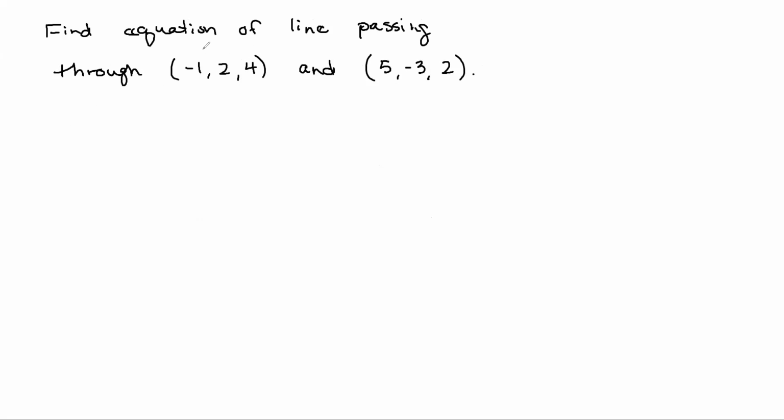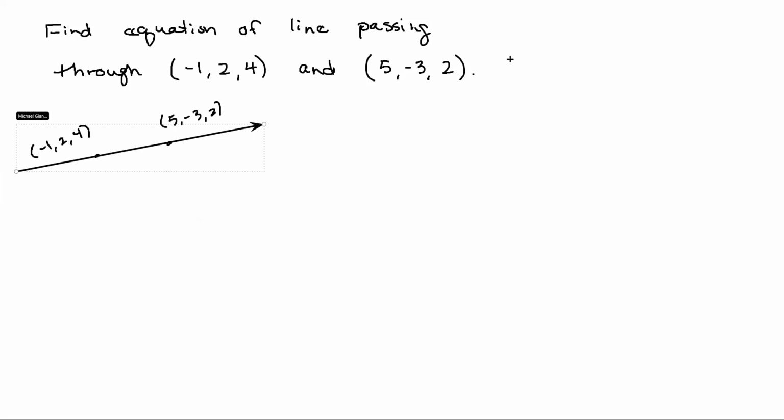So the first thing that we want to do, again, is you can draw a picture for it if you want. You don't have to, but you can. We've got (-1, 2, 4). Let's say that's there, and we've got (5, -3, 2).